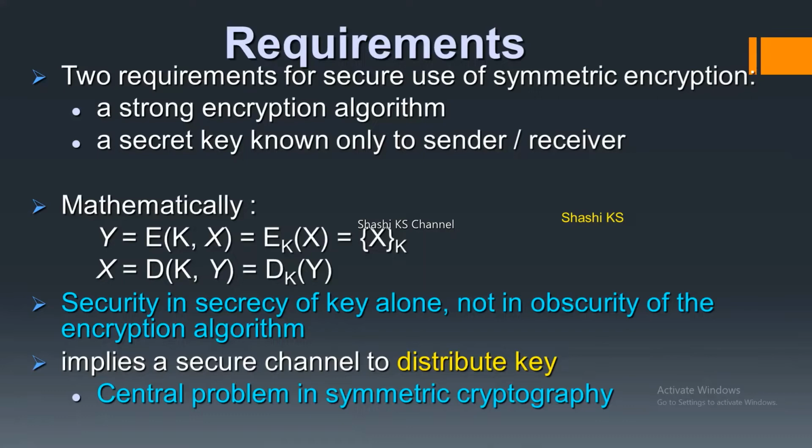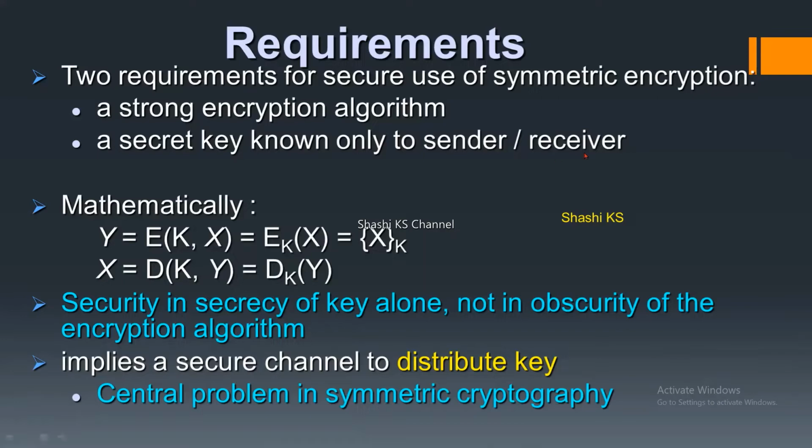Even if the attacker gets hold of the encryption algorithm, he should not be able to decipher the key or the plain text. And the key has to be kept secret. For that, if the key is generated by the sender, it has to be securely transmitted to the receiver, or a trusted third party can be used to generate the key and send it to both the sender as well as the receiver.